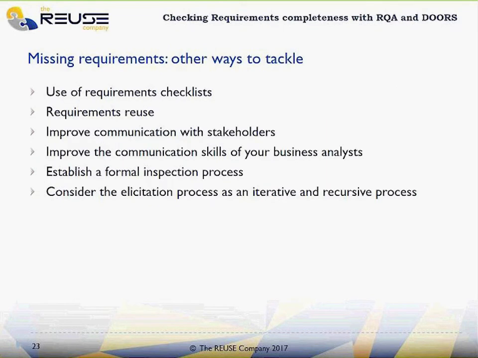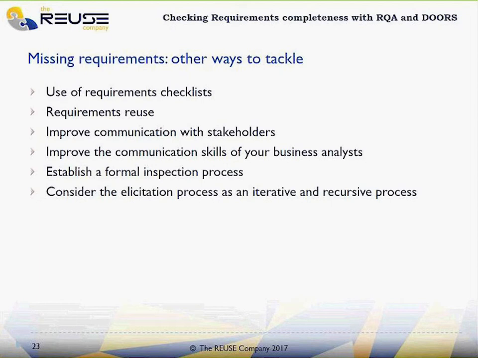So here is a kind of summary, some ways to tackle requirements completeness using, of course, the appropriate lists of different checklists for types of requirements, stakeholders, and so on and so forth. Reusing requirements is also a means of reducing missing requirements. Improving communication with stakeholders is key for the success of our projects as well.